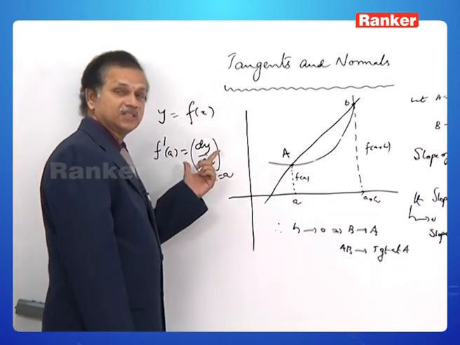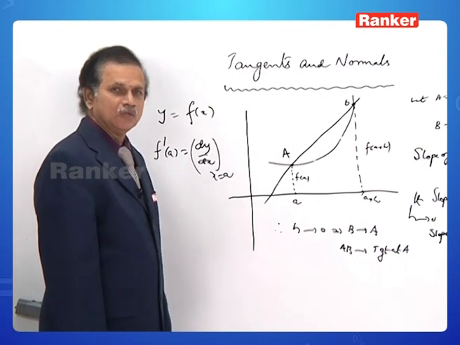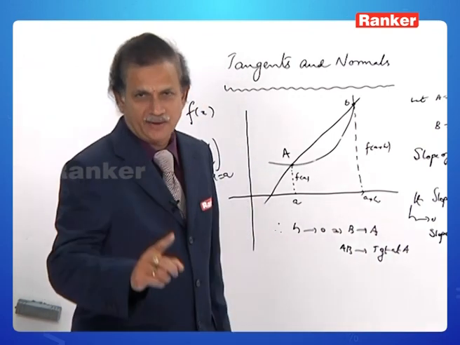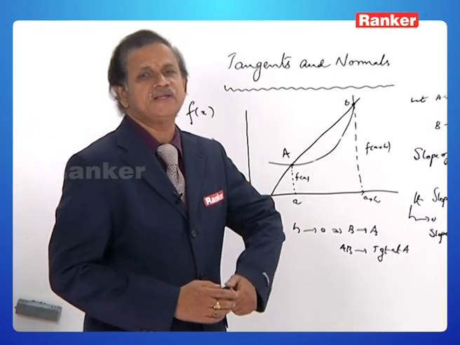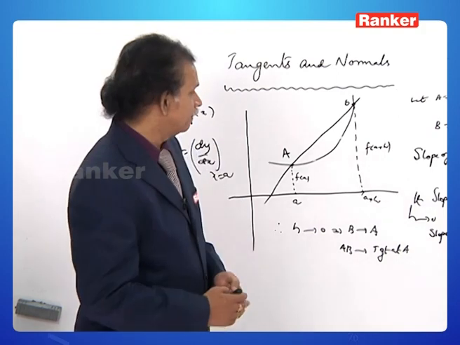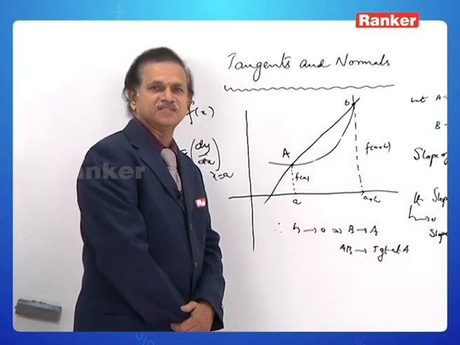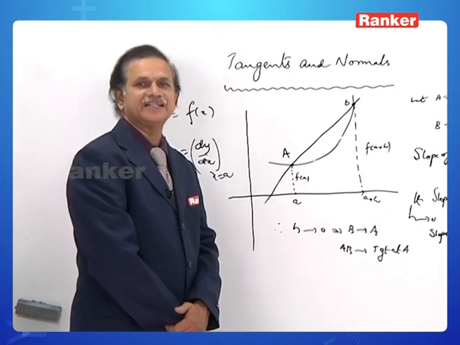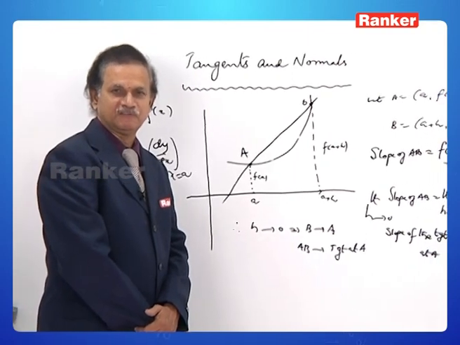This symbolism we use hereafter to know the slope of the tangent at a given point on the curve y equals f(x). So, this is a valuable discussion which has given us the idea of evaluating the slope of the tangent at a point on the curve y equals f(x).